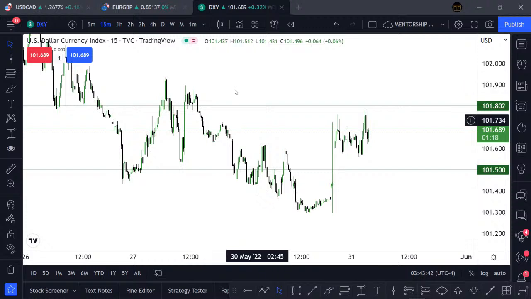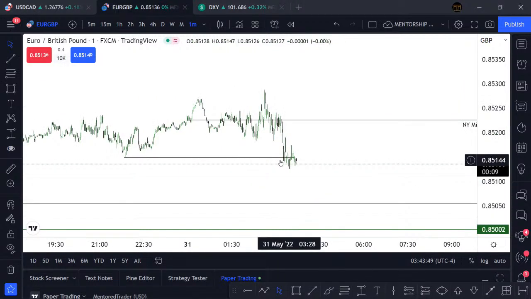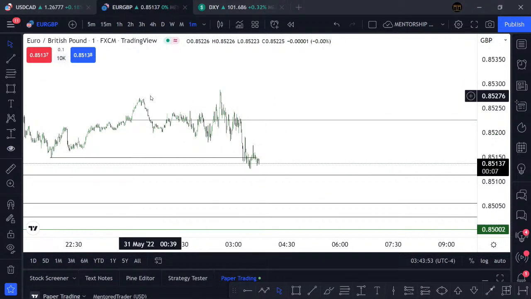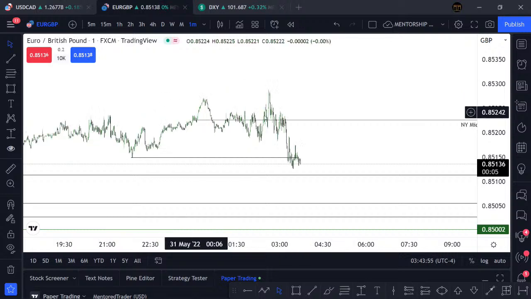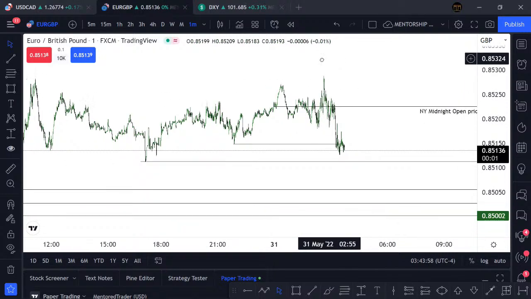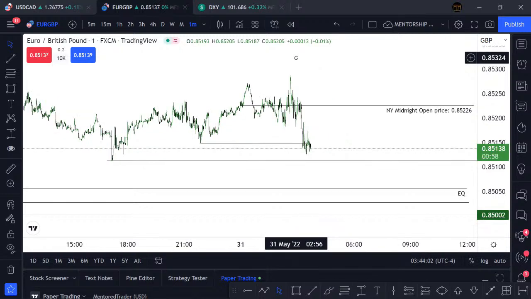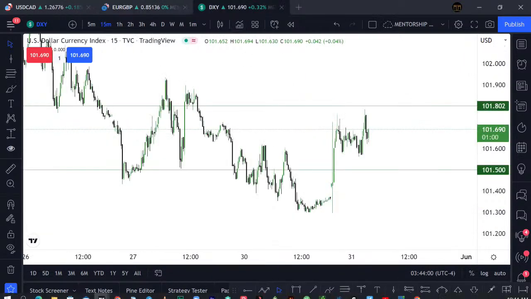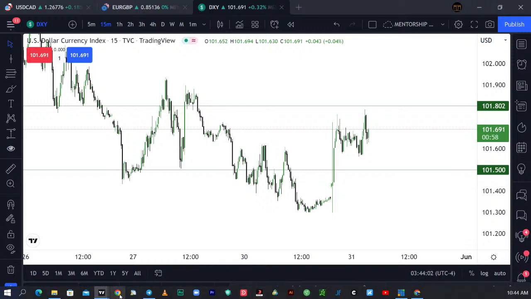Give it some time, no rush. So our eyes on the euro pound. Euro pound is what we're looking at. This is what we're focusing on. So let's first look at the news. What do we have today?